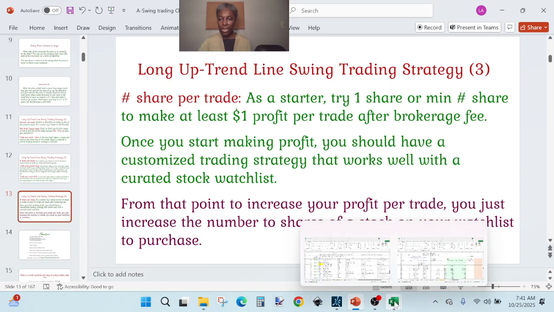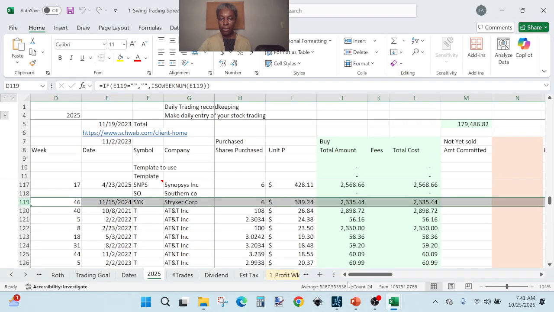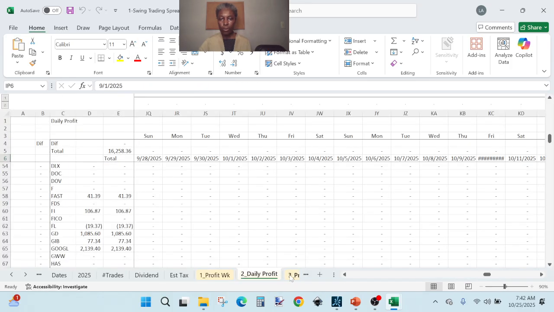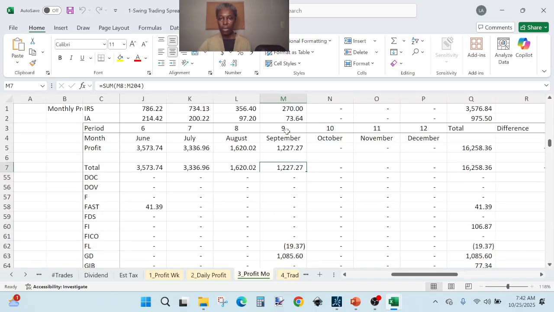If we go back, for instance, to this, and we're trying to see, let's go to monthly. For instance, we have September here. Our September income there may not be a lot to you, but that is a lot for me, in the sense that that could cover our household basic expenses.